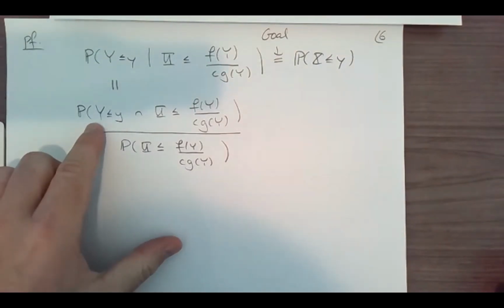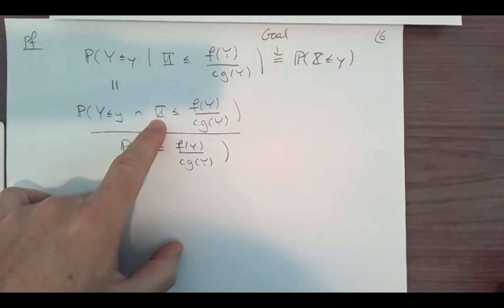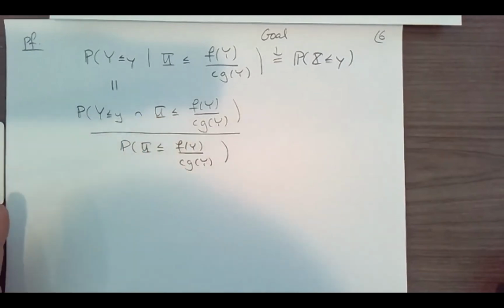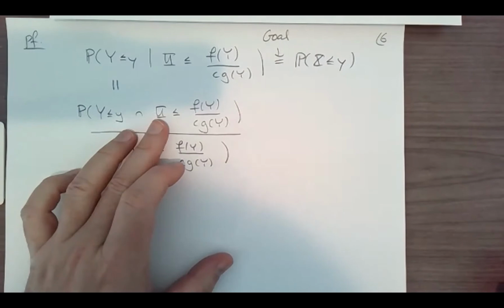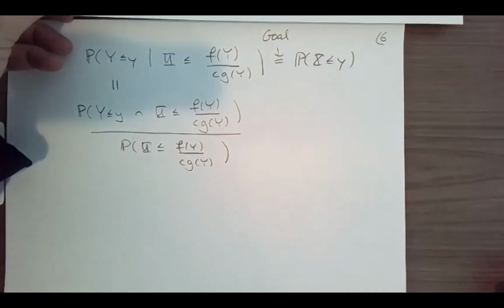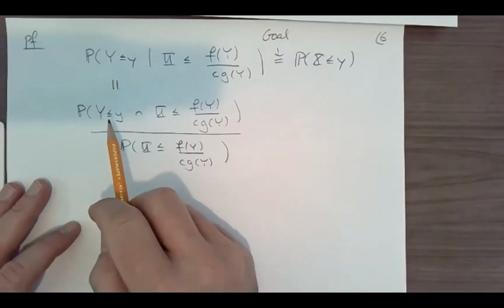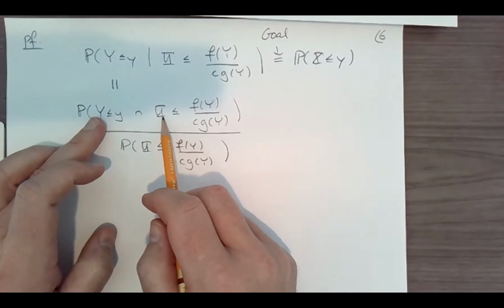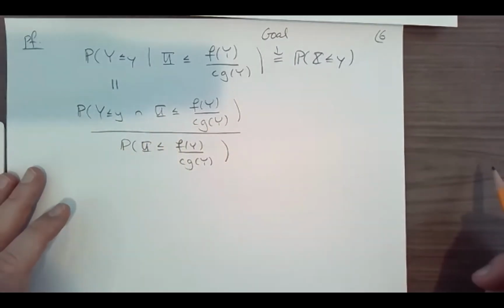We have a random variable Y, and we have a random variable U. What do I know about U and Y? Well, I know what U's distribution is, I know what Y's distribution is, and what do I know about their joint distribution? I know the marginals, do I also know the joint?